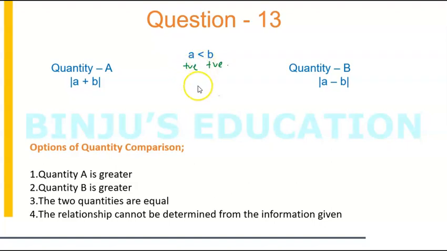Because 3 is less than 5. A can be 0 and A can be negative also. If you are able to figure out just this one case, you'll get your answer. Nothing more is required in this. This is more than sufficient.